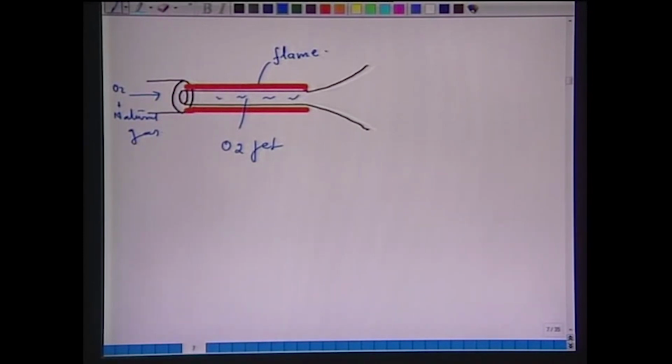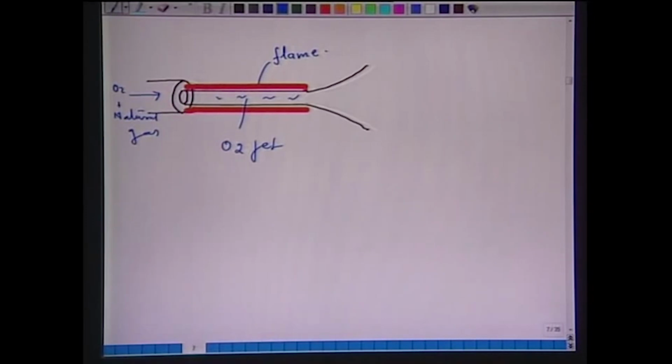So, if this oxygen jet is surrounded by a flame, the density of the surrounding is very much low. So, you see the length of potential core, not the supersonic core, is very large as compared to the other two previous cases. Since length of the potential core is large, then length of supersonic core will also be large.